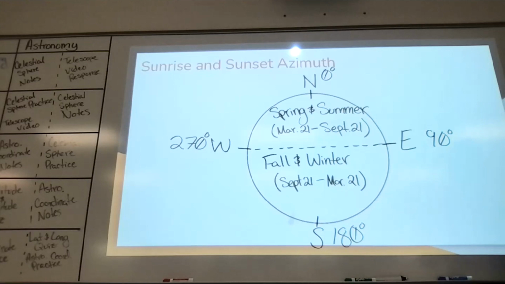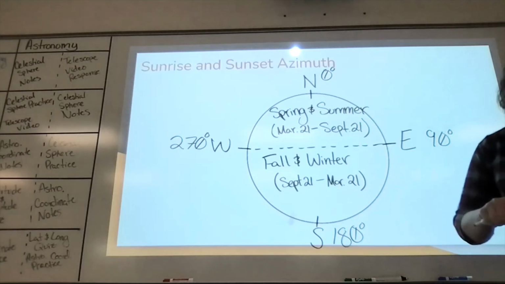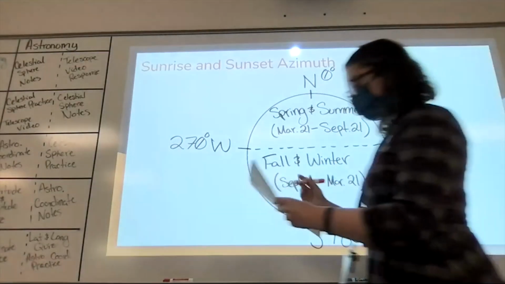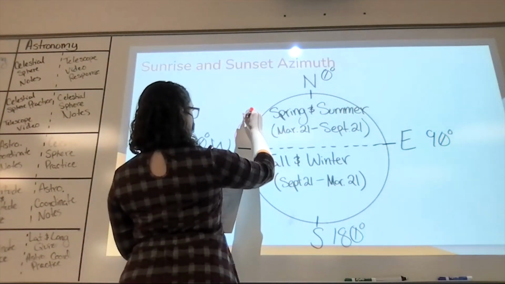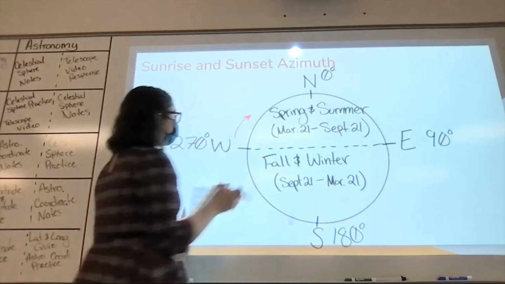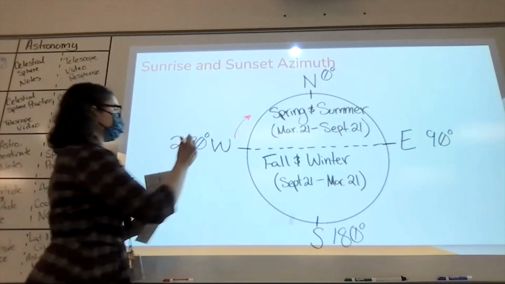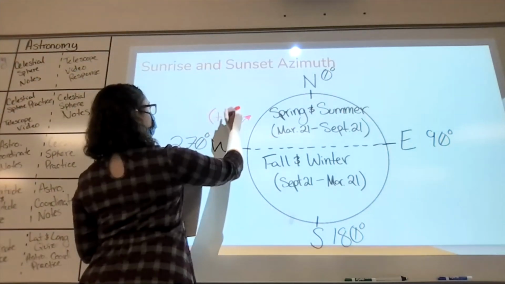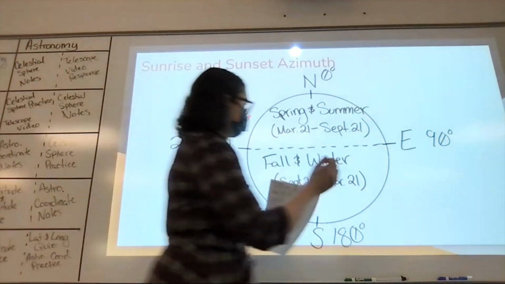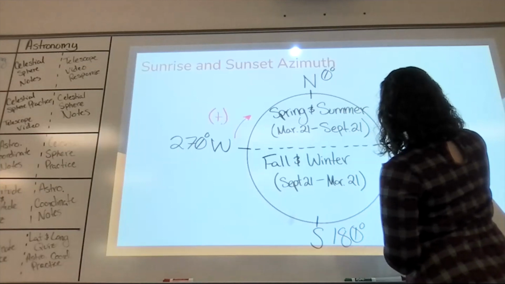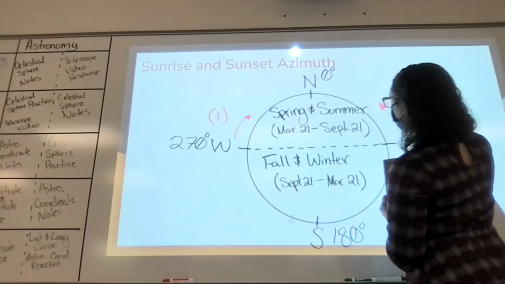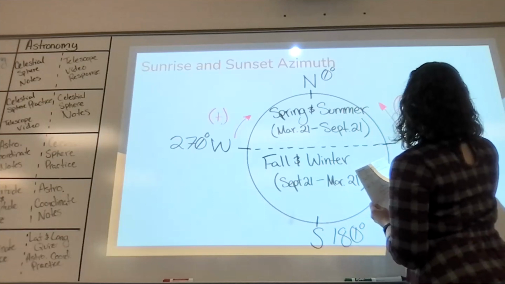Now, it's the next part of this that makes it really helpful for when we have to do sunrise and sunset azimuth calculations. If you're trying to figure out sunset in the spring and summer, we're going to add. And if you're trying to figure out sunrise in the spring and summer, we're going to subtract.